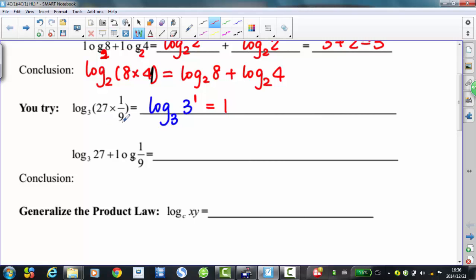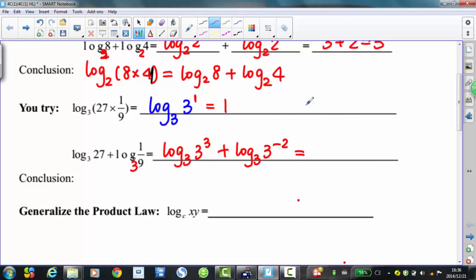If I don't multiply 27 by 1/9 first, I split them into the adding. So log 3, 27 is log 3, 3 cubed, and this one is log 3, 1/9. I change 1/9 to 3 to the power of negative 2.